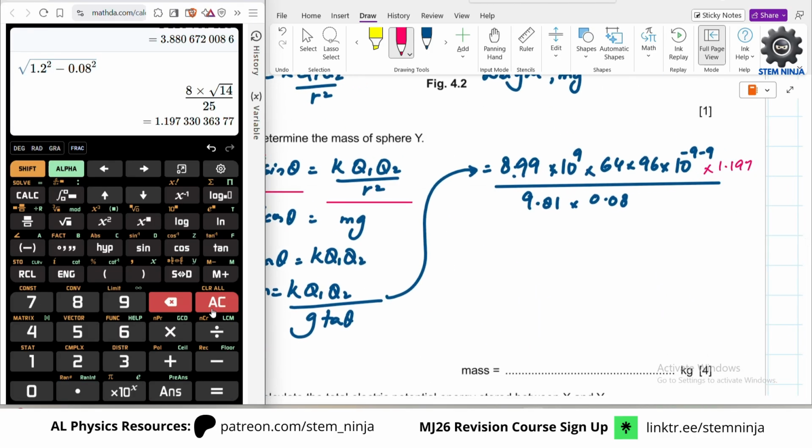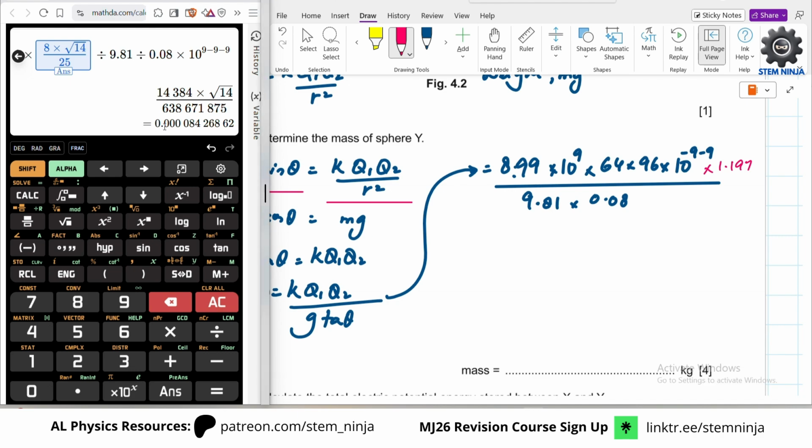Alright, so you have 8.99 times 64 times 96 times the answer divided by 9.81 divided by 0.08 times 10 raised to the power 9 minus 9 minus 9. The mass is 1, 2, 3, 4.